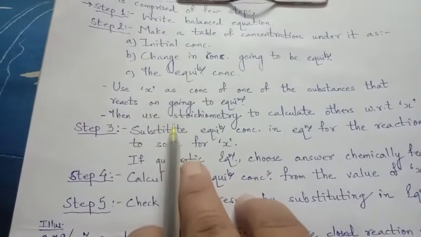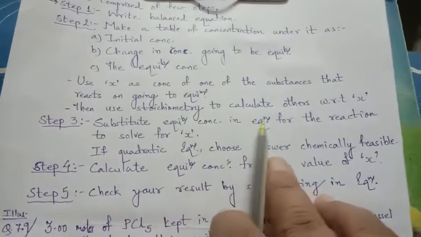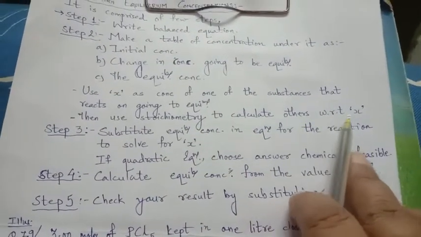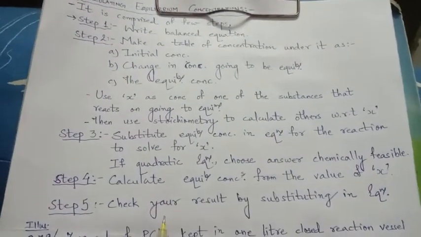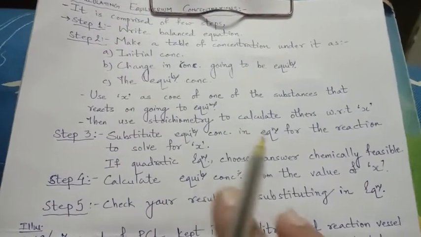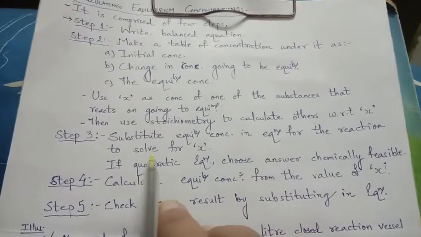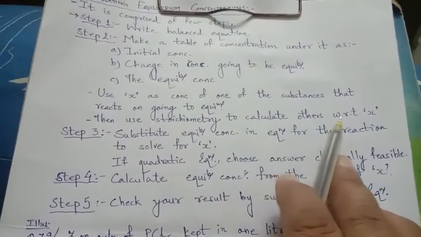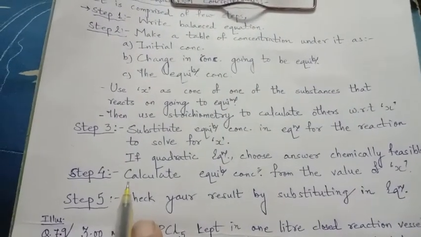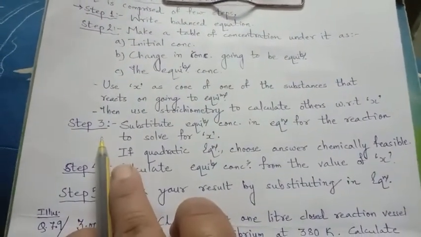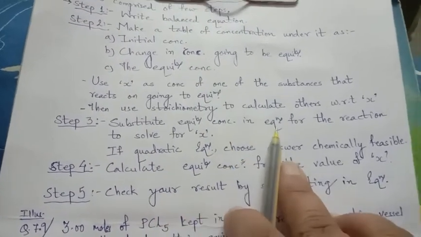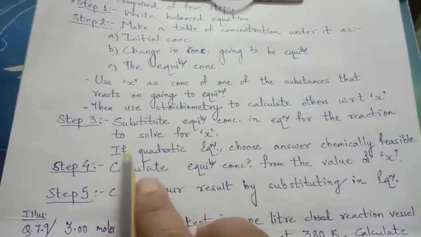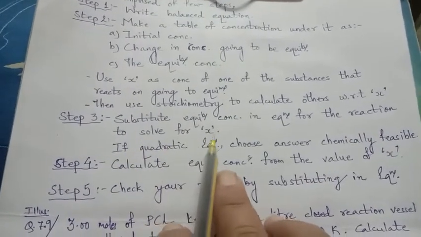Then use stoichiometry to calculate the others with respect to X. Suppose you take X for any one of the compounds, then you have to keep in mind that the others should be calculated with respect to that supposed variable. The third step is to substitute the equilibrium concentrations in the equation for the reaction to solve for X.